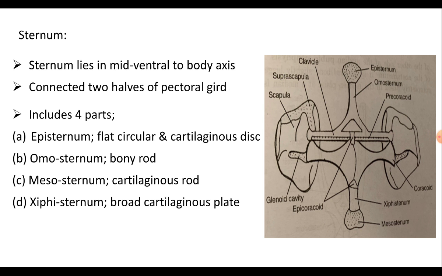When you observe the picture, the anteriormost flat circular cartilaginous disc is called the episternum, and below the episternum lies a bony rod-like structure called the omosternum, which is connected with the clavicles.